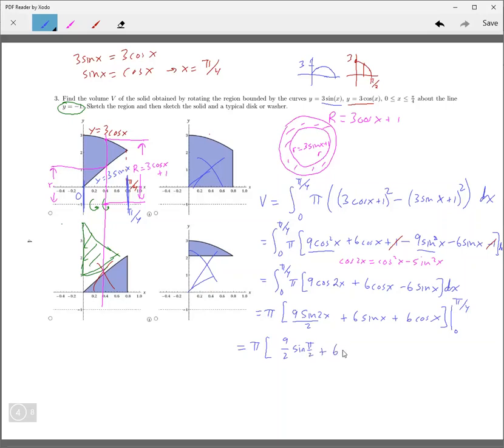Okay, we'll evaluate these things later. That's the upper limit. Now subtract and put the lower limit in. That's minus 6 sine 0 minus 6 cosine of 0.